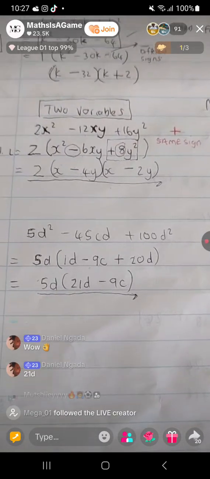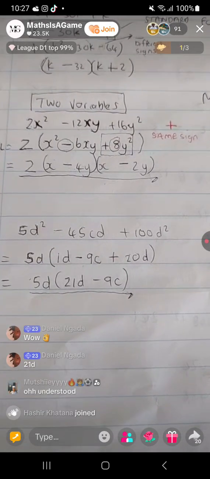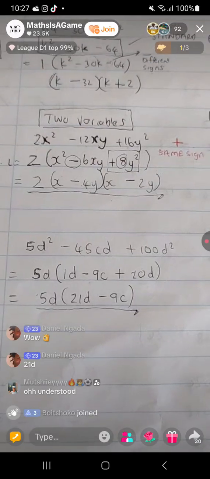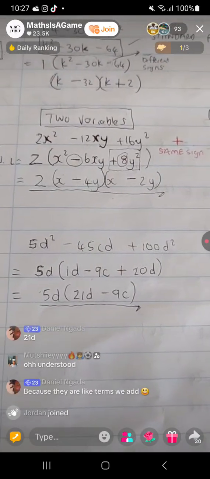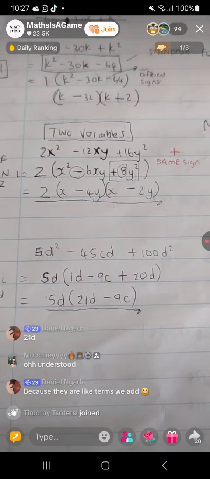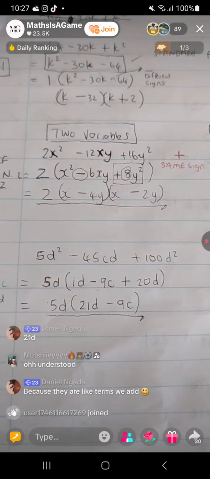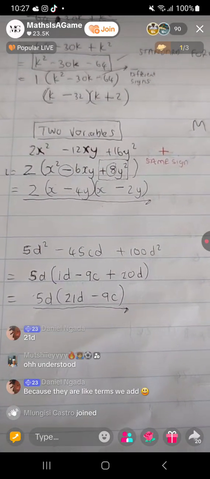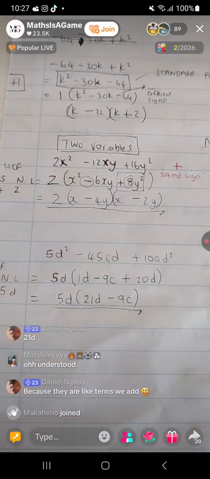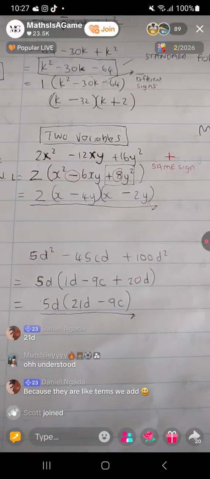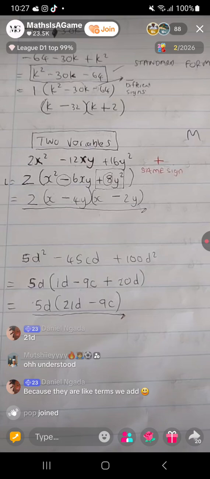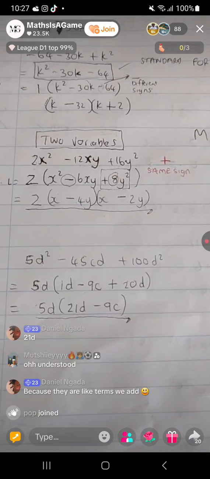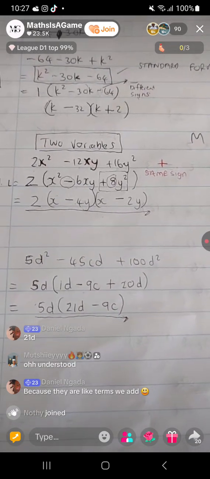This question was deliberately placed here so that I could see if people are following the steps that I had indicated need to be followed when we are factorizing. You see, in this expression, unlike many expressions, you had to first, as I always say to you guys, check how many terms.